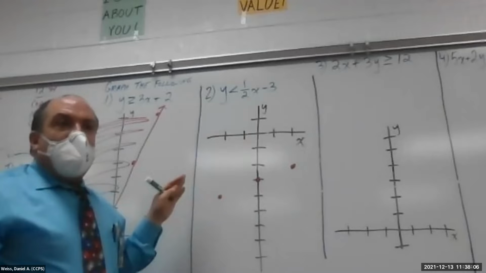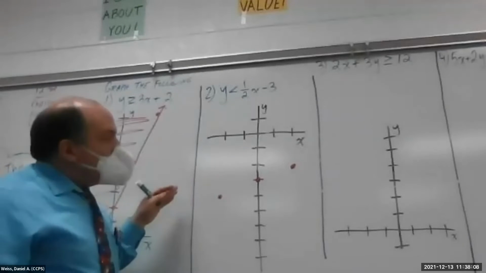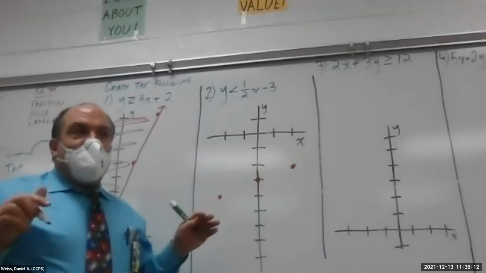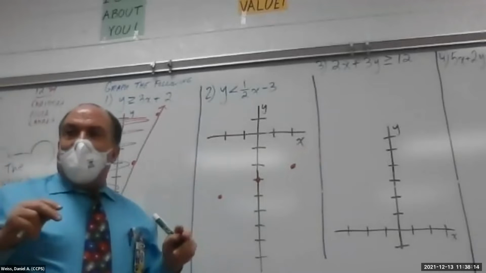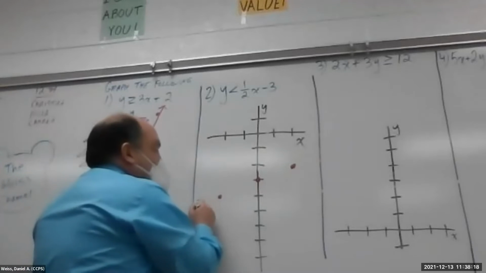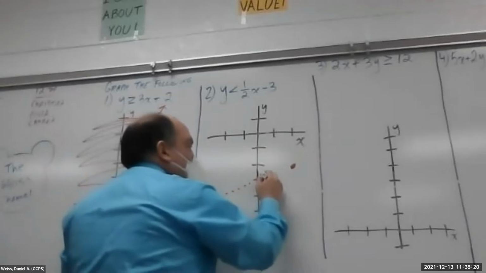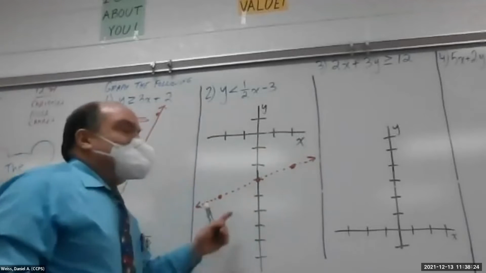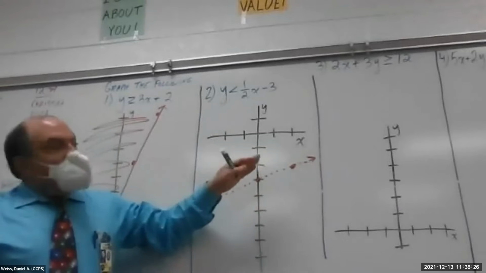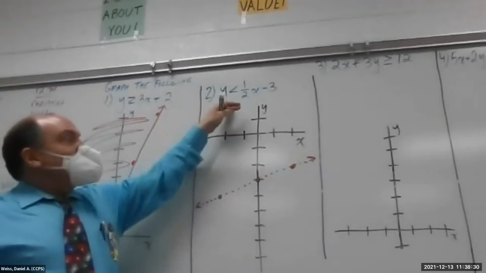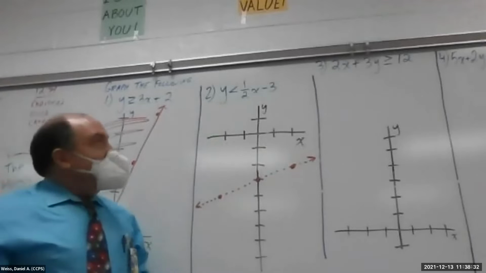So I'm going to draw a line that shows where the line is, but it needs to be understood that the line is not included because it's not equal to. So what I do is I draw a dashed line. A dashed line. That line means it's not part of the graph. Okay, so when it's not equal to, we draw a dashed line.